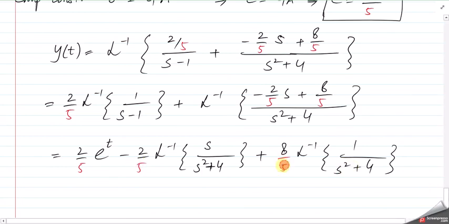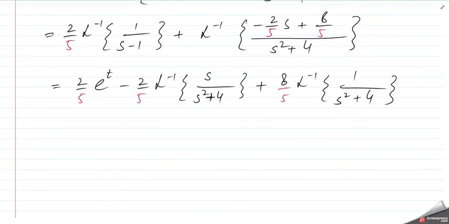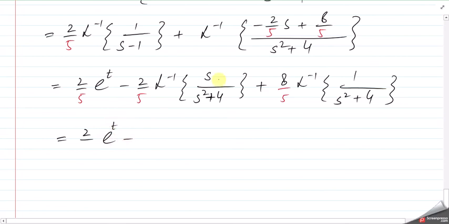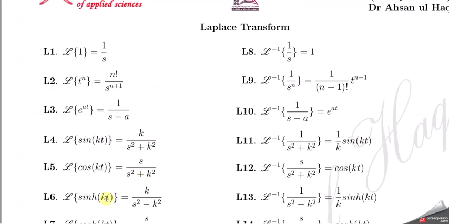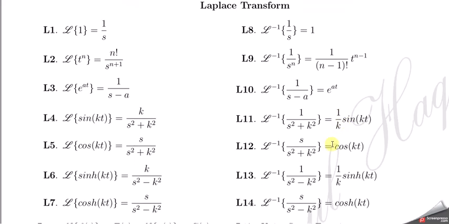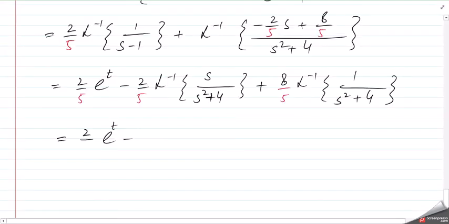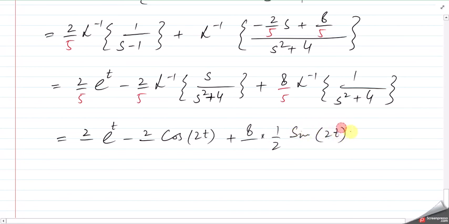This is equal to 2 by 5 e raised power t. S over s square plus 4 is cos, 1 over s square plus 4 is sine, but sine also has 1 over k, so we must remember. This one is cos, so this one is cos 2t, plus it will give 1 by 2 outside, so 8 by 5 into 1 by 2 sine 2t.